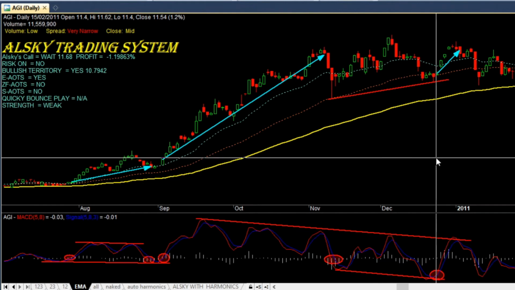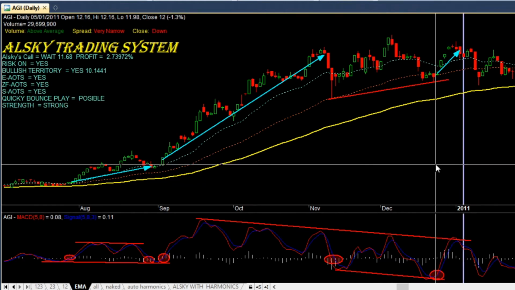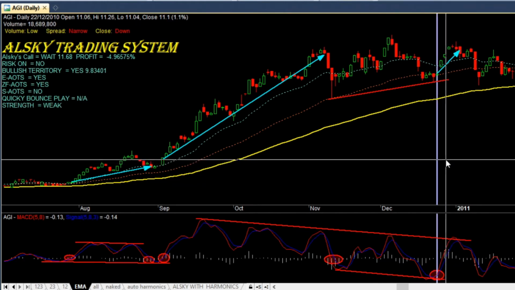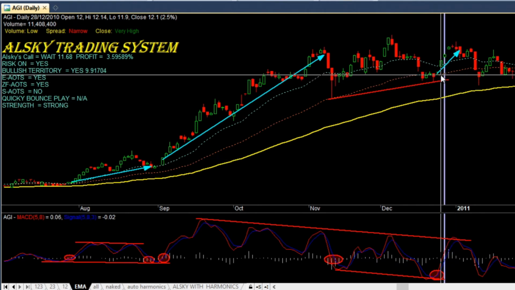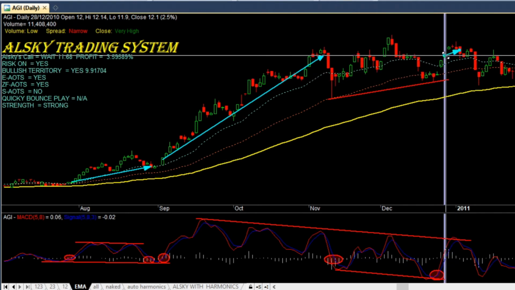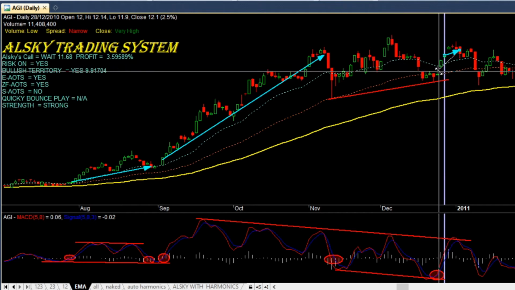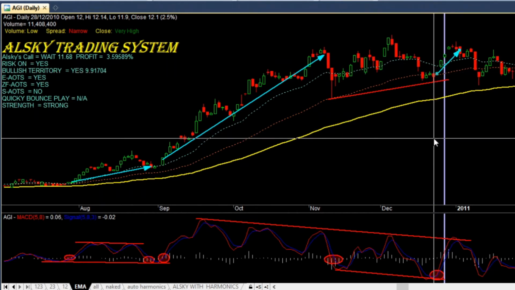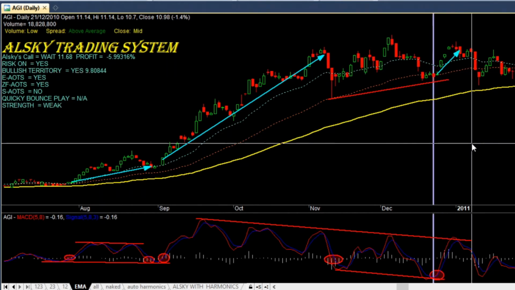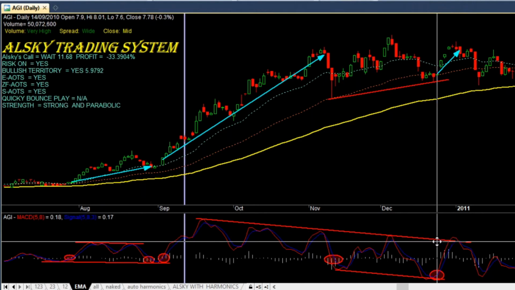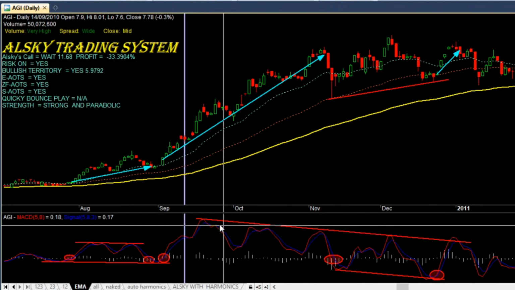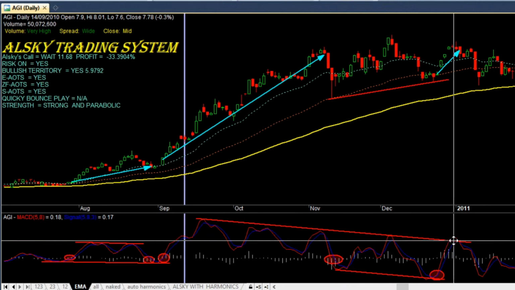Okay, so sa crossover ng MACD tayo nag-enter, it's because malayo pa si zero line. So if we enter on the confirmation na mag-cross sa zero line, medyo mataas na siya kasi malayo yung divergence natin.